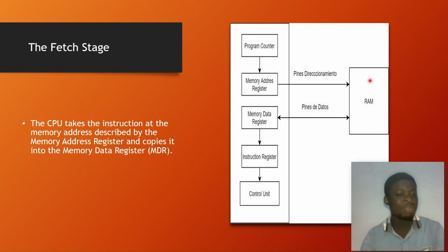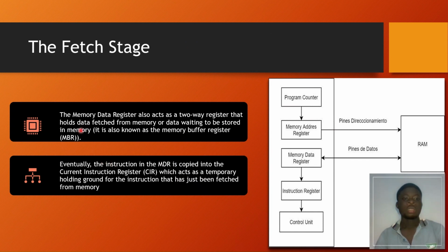After that, the CPU copies the contents at the address described by the memory address register in the RAM into the memory data register. The memory data register also acts as a two-way register that holds data fetched from memory or data waiting to be stored in memory.